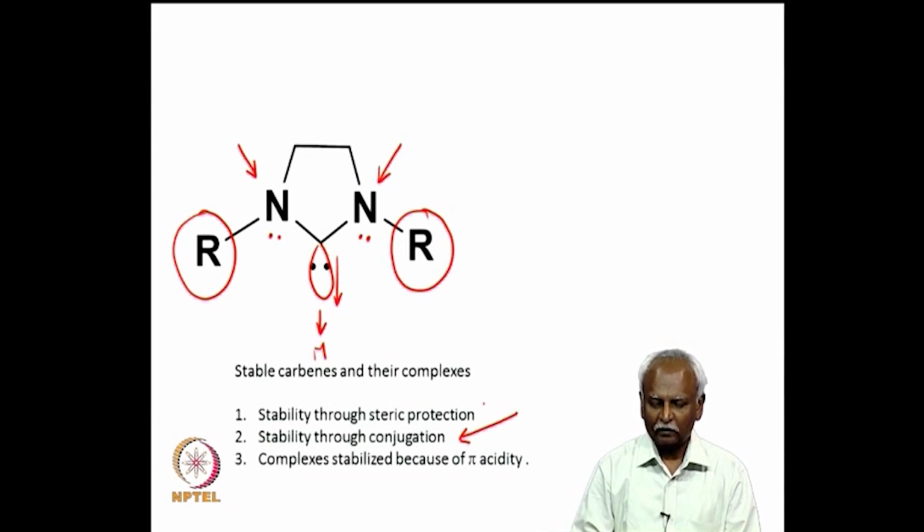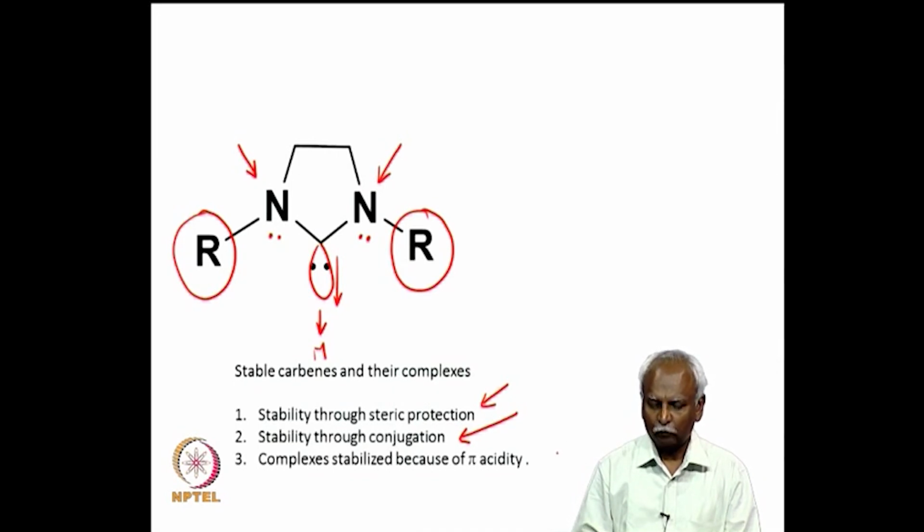So, stability is achieved through steric protection of the carbene carbon. It is also achieved through conjugation of the vacant p orbital on the carbon with the nitrogen lone pairs. And these complexes are stabilized because of pi acidity.